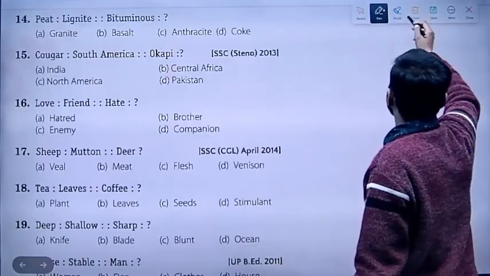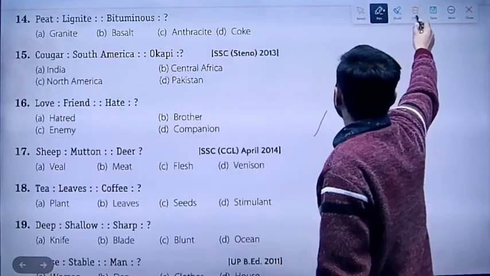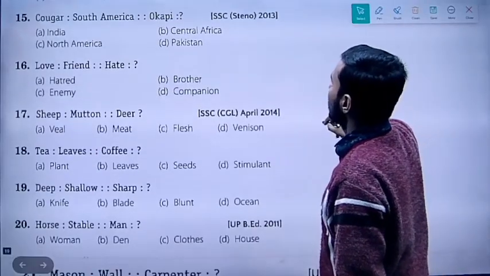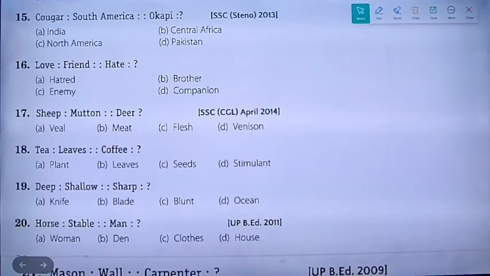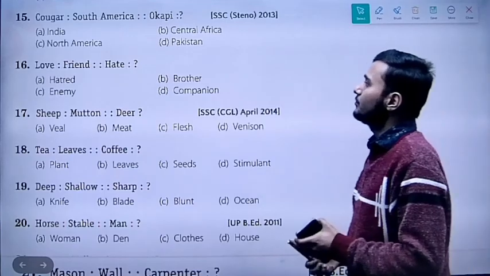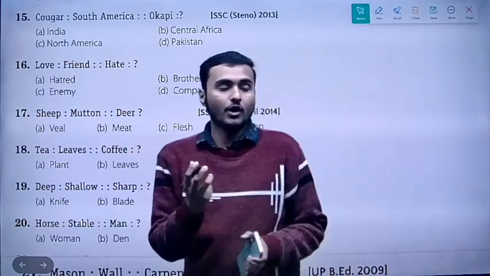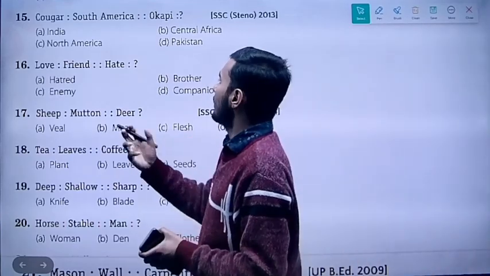See, our next question is: cougar is equal to South America, then okapi is equal to what? Option A, India, option B, Central Africa, option C, North America, option D, Pakistan. In this question, cougar is a type of big cat found in South America.